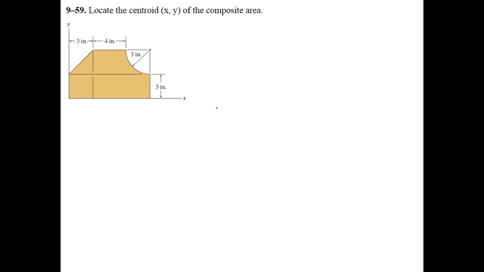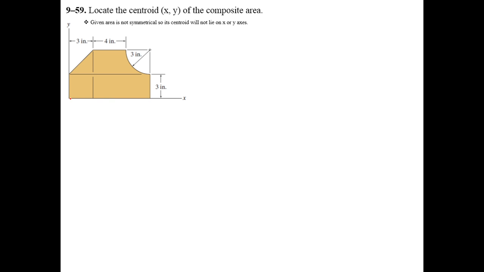So let us move on to the other problem now. This is 9-59, and it is saying to locate the centroid x bar, y bar of the composite area. Now, the first thing that you should note is that this area is not symmetrical. So its centroid is not going to lie on either the x-axis or the y-axis.